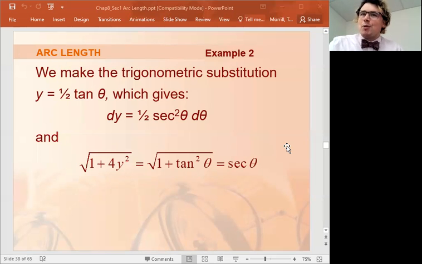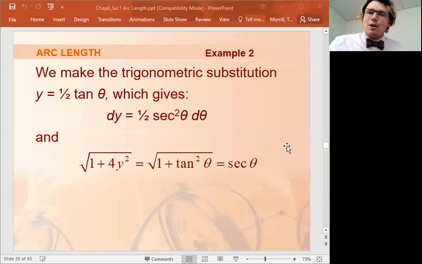For this one in particular, we're going to go with y equals 1/2 the tangent of theta. And when I do my exchange rate for my differentials, I find that a dy is worth 1/2 of a secant squared theta, d theta.